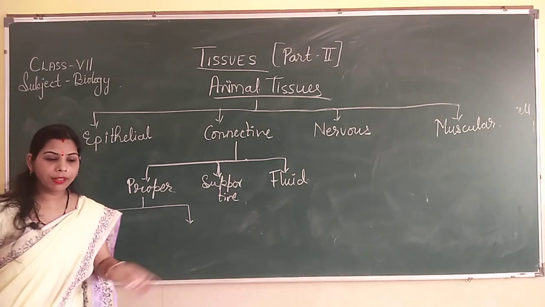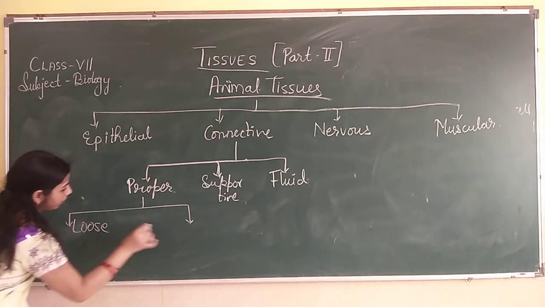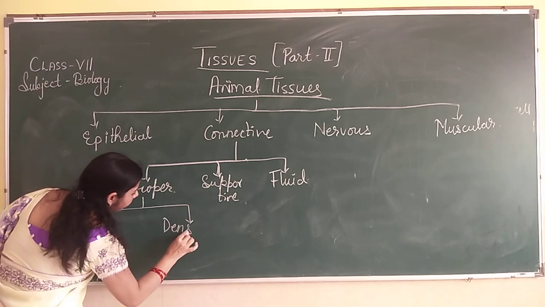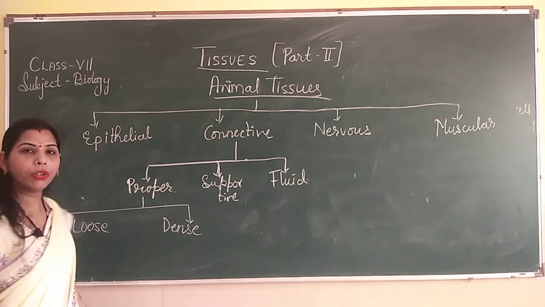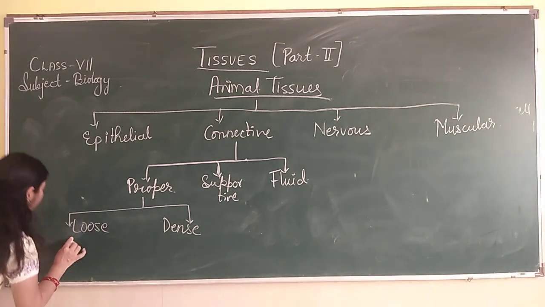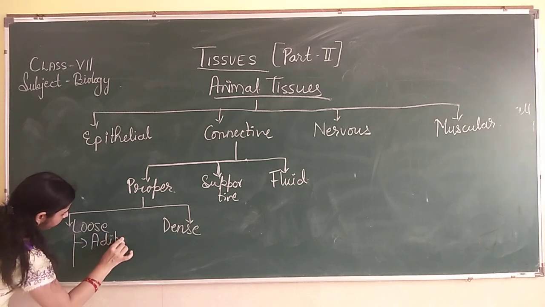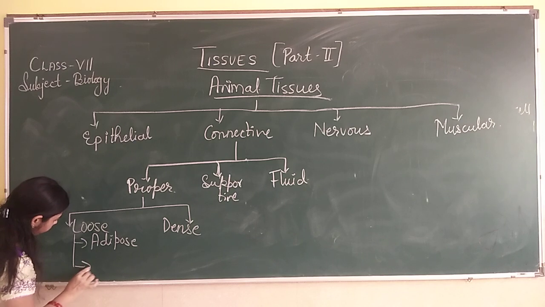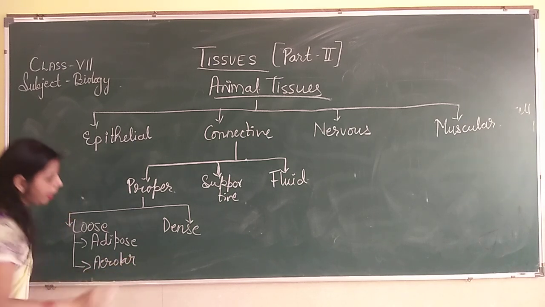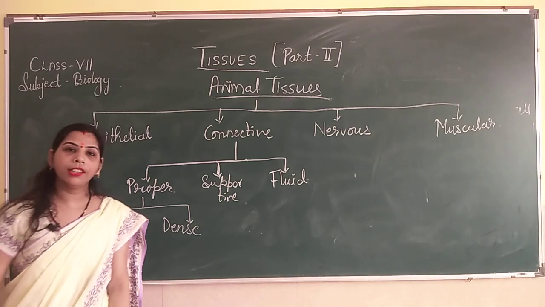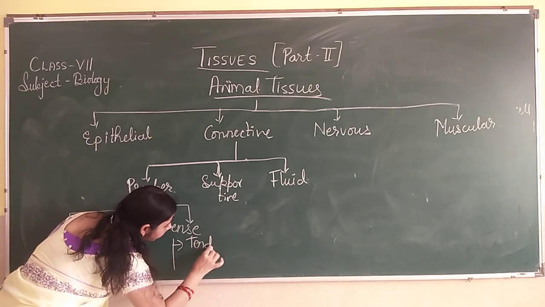What are the two types? The loose and dense. Loose is further of two types, adipose and areolar. And dense connective tissue is again of two types, the tendons and the ligaments.